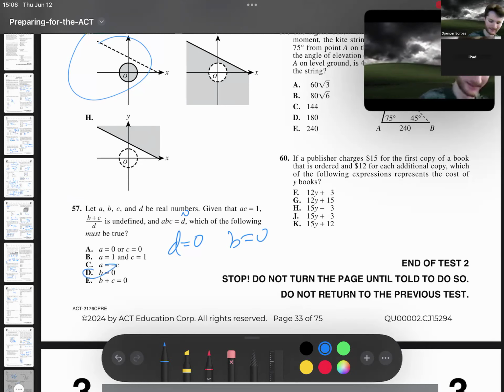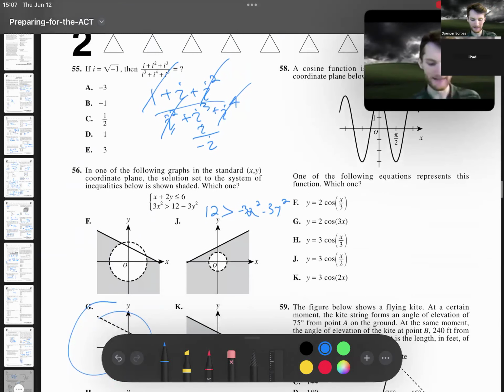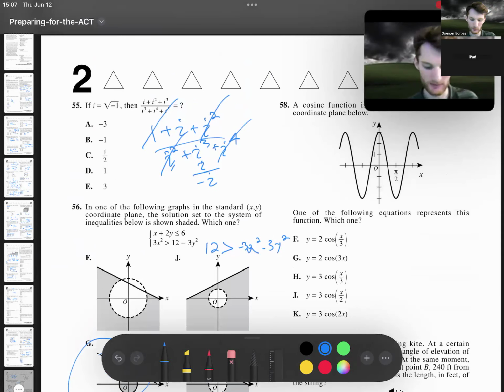Oh, it's right here. 57 is D. One of the following equations represents the function. Which one?